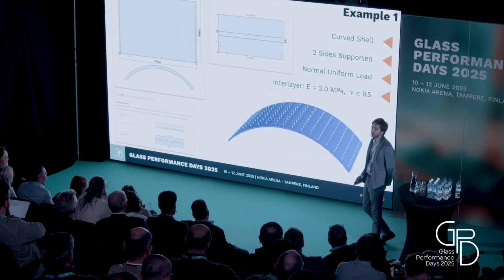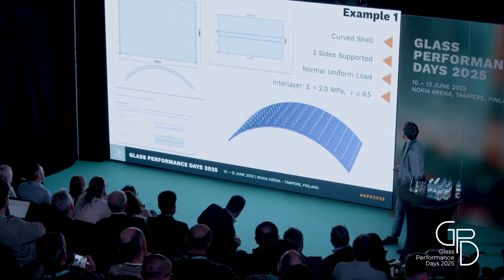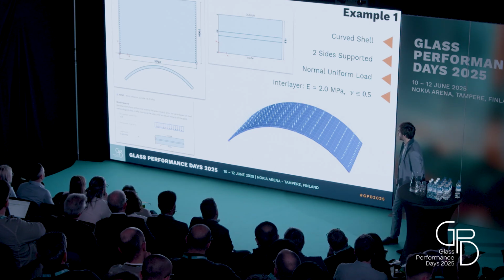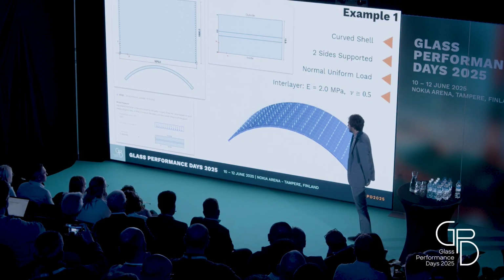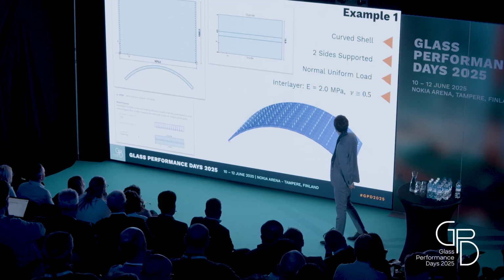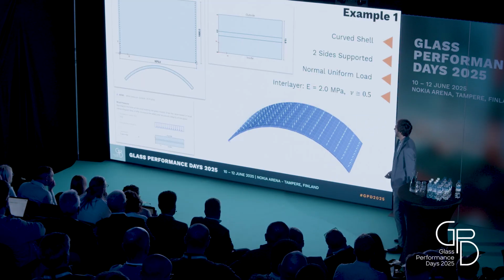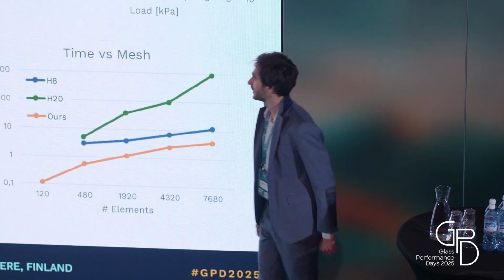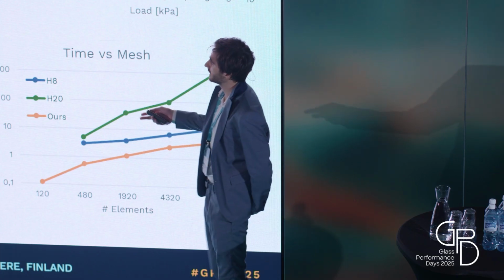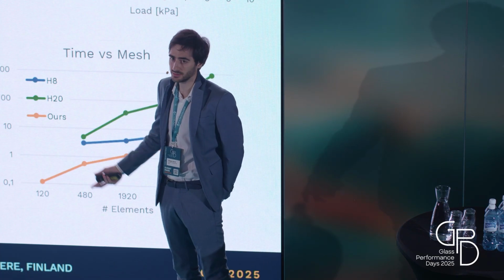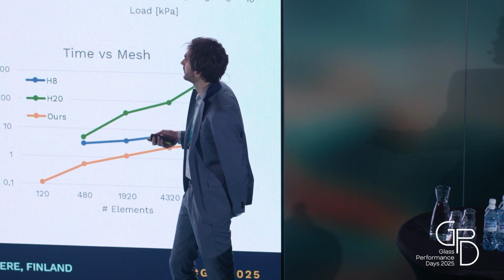I make here some comparisons with commercial software. For example, here is a curved geometry with an interlayer of 2 megapascal under a uniform load. We compare with respect to Hexa8 brick element and Hexa20 brick element of Strand.